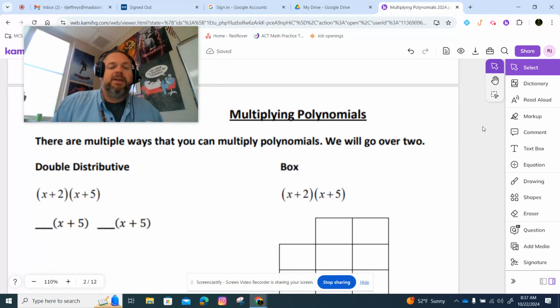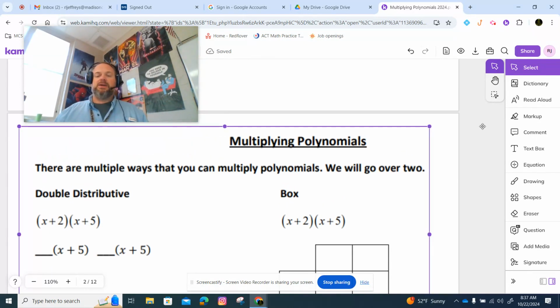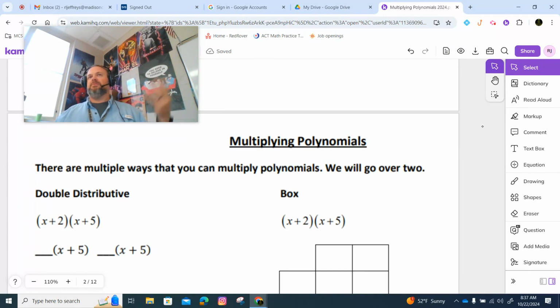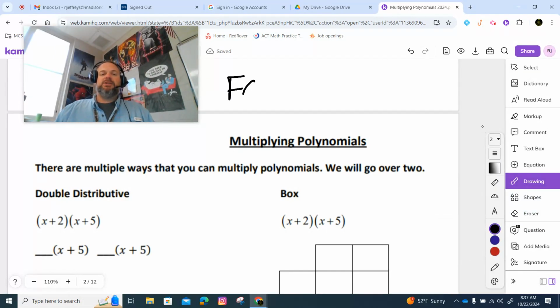Okay, there are multiple ways to multiply polynomials. We're going to go over two. If you talk to somebody else that might be over the age of 30, they may mention this method, okay? FOIL. And it's an acronym, okay?